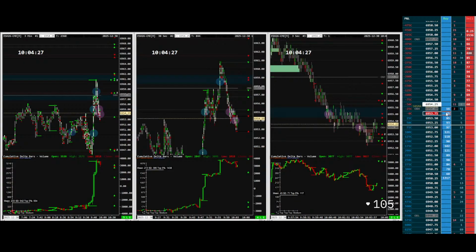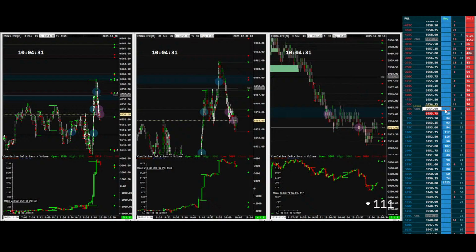I'm going to try the 54 short. Let it get embedded down here in the 53s a little more. Unless you're already in it. I'm in it.